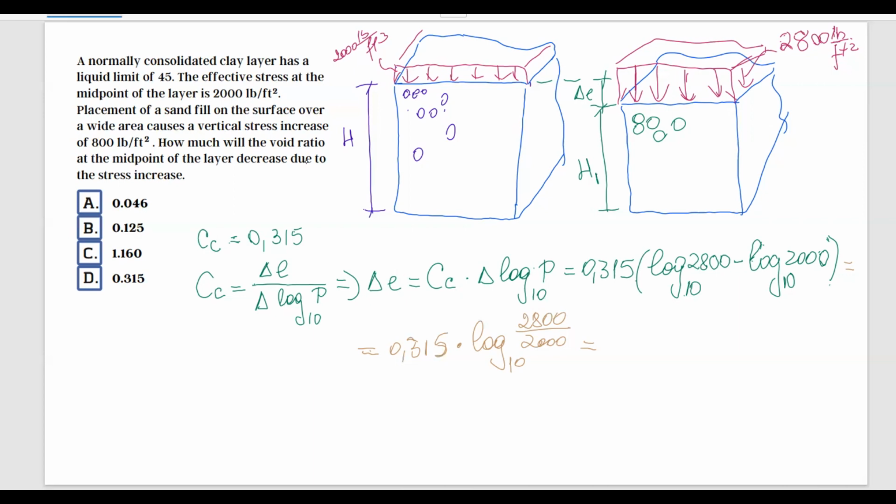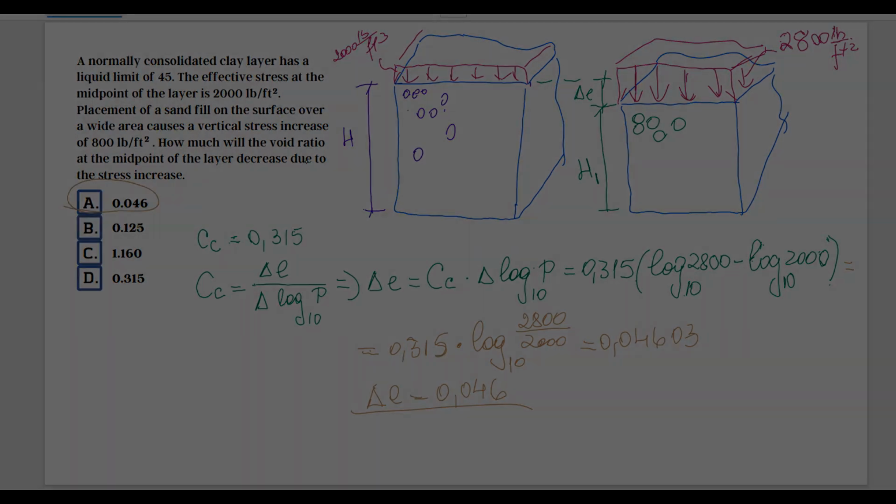And I'm getting a value of 0.04603. So the change in void ratio is equal to 0.046. I'm going to get rid of these extra digits, it's not necessary. So the correct answer is A.